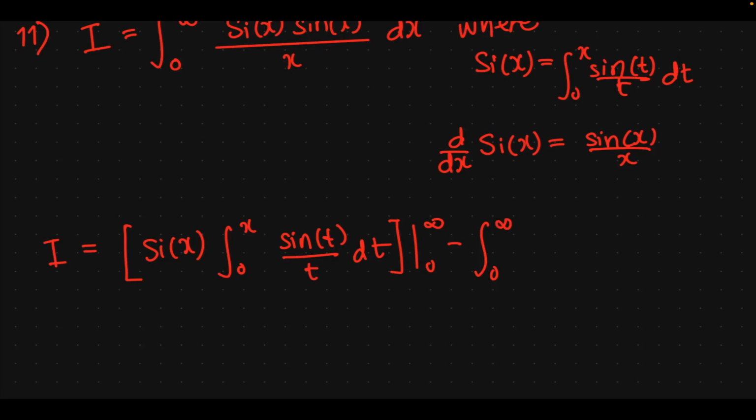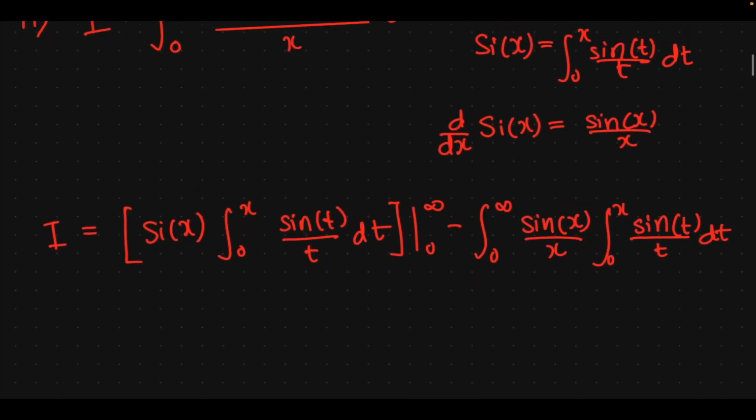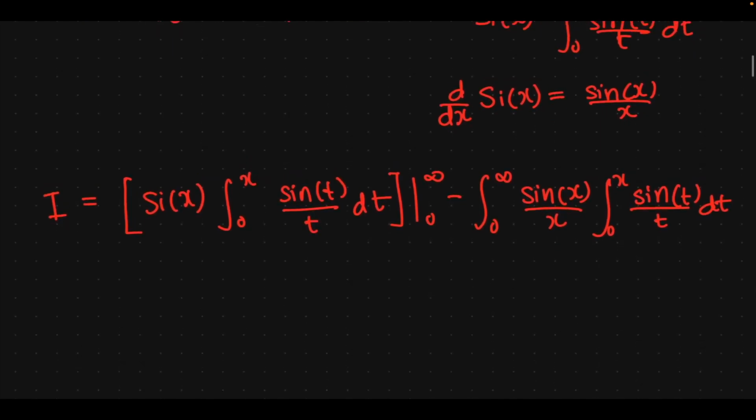Now we have to differentiate the Si(x). When we do that, we have sine of x over x and the integral from 0 to x of sine of t over t dt, which comes from the antiderivative part. And we have a dx that's outside.